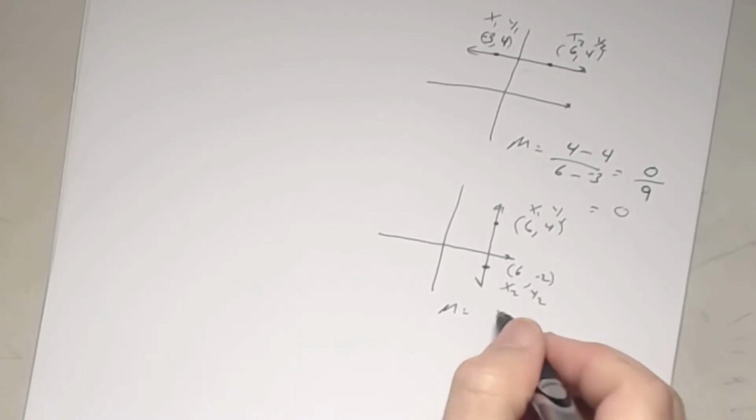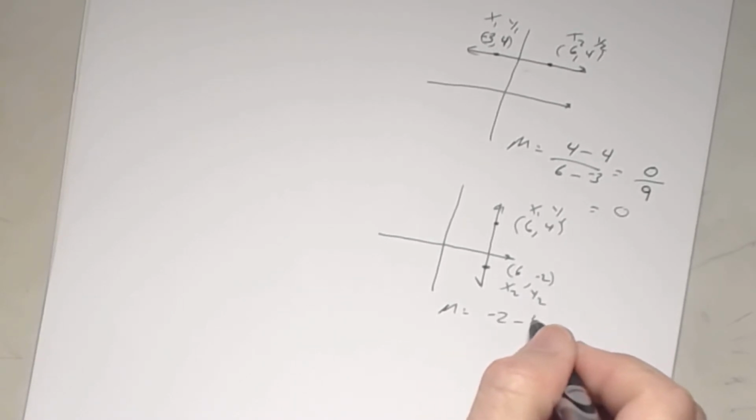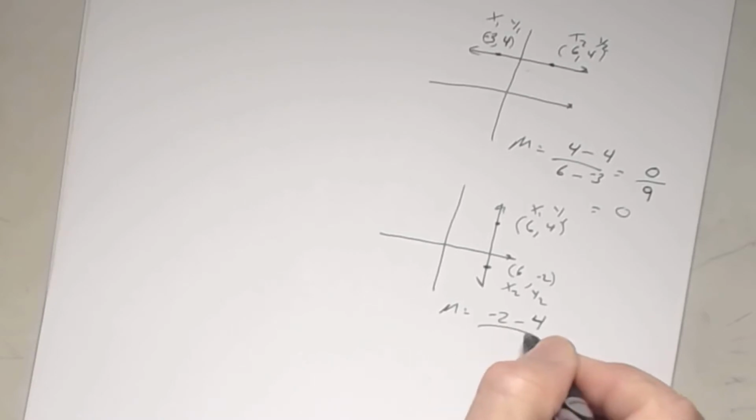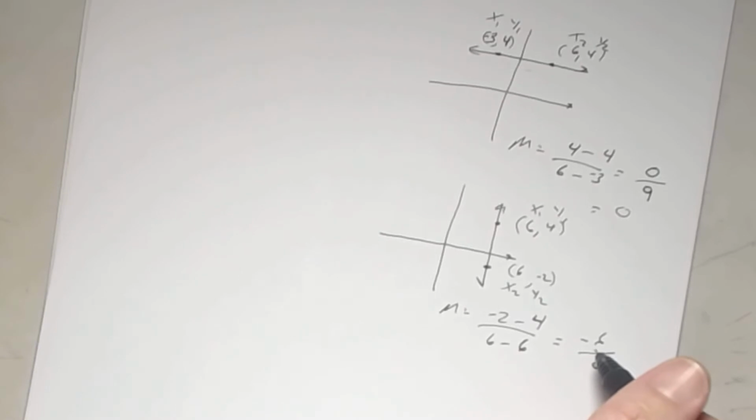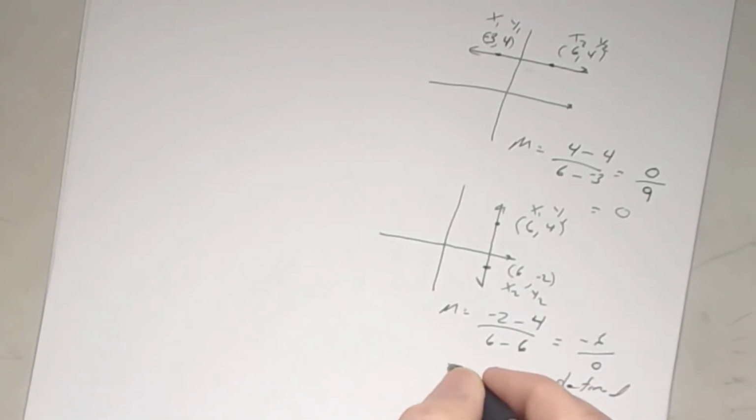The slope will be -2 minus 4 divided by 6 minus 6. The numerator this time is -6. The denominator this time is 0. If you put -6 divided by 0 in your calculator, remember you can never divide by 0. That's undefined. So the slope is undefined.